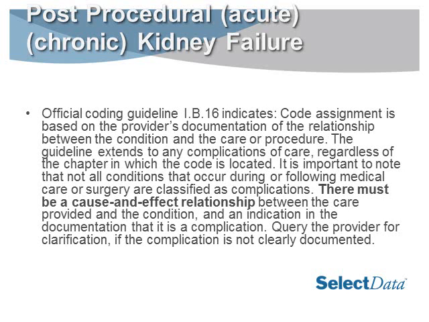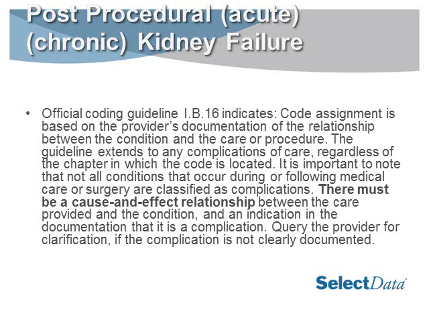If you have post-procedural acute or chronic kidney failure, official coding guidelines, I.B.16, state that code assignment is based on the provider's documentation of the relationship between the condition and the care or procedure. The guideline extends to any complications of care, regardless of the chapter in which it's located.